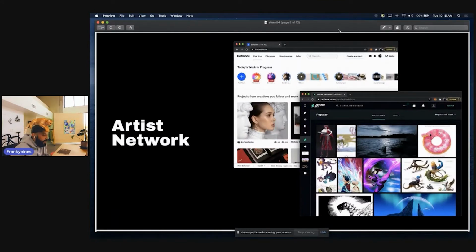There's artist networks like Behance and DeviantArt. Adobe, I believe, owns Behance. Dribbble is another really good one. Again, if you're building work on these marketplaces like Makers or Foundation, you can almost build a portfolio.